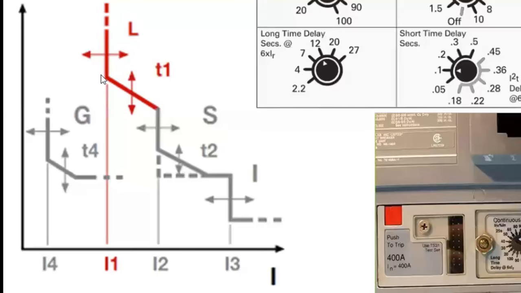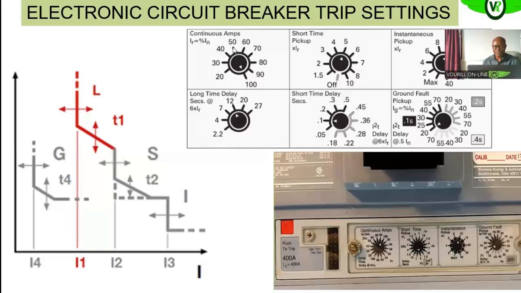When the current on the circuit gets to the selection you made, assuming we took 50% of our 1,000 amps breaker, which is 500 amps, it means that as we get to 500 amps, the long time pickup will be activated, okay? So now this long time delay is this area of the curve.